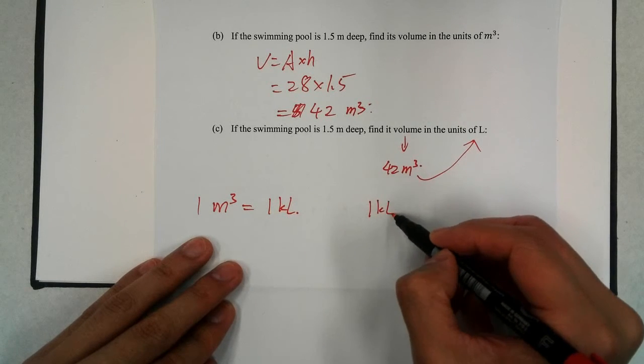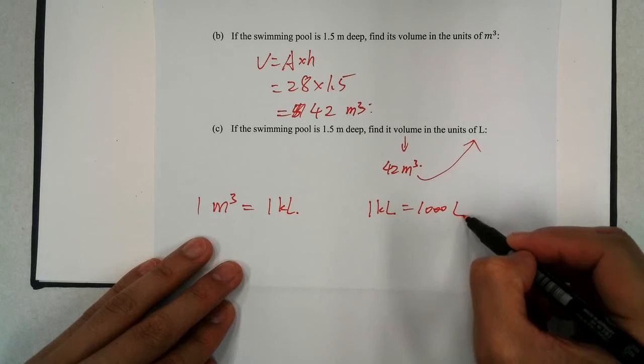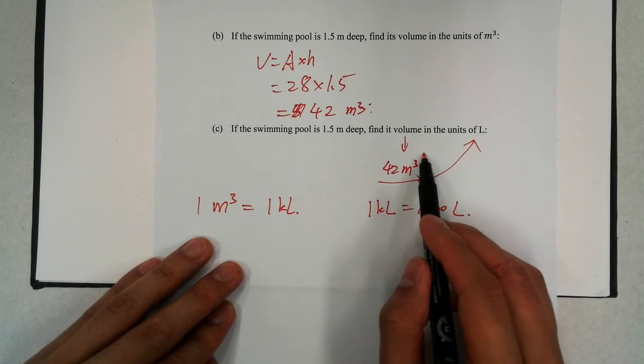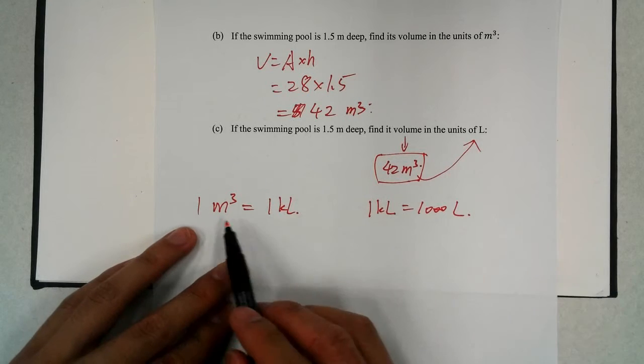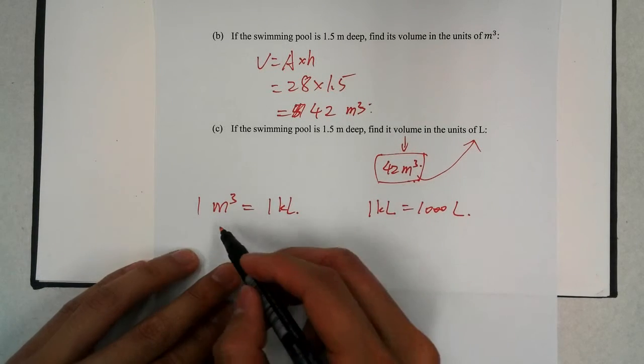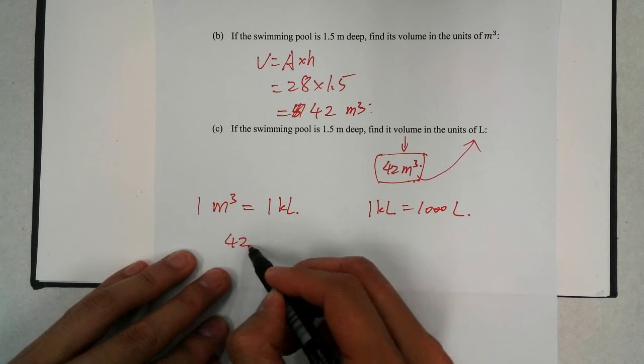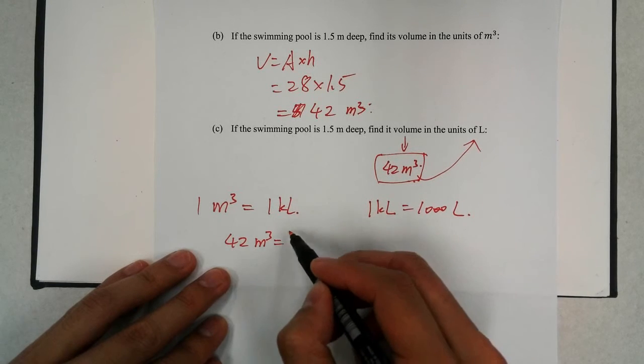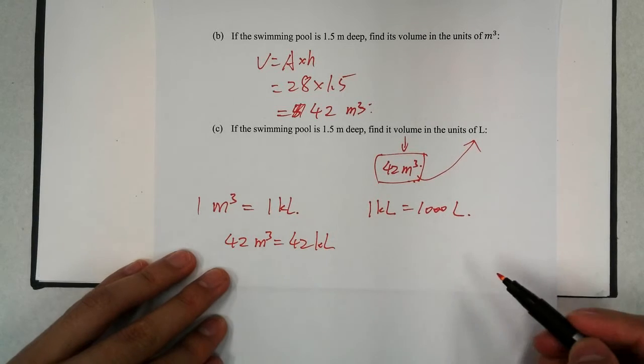And 1 kiloliter is equal to 1,000 liters. So now we have the unit of meters cubed. Therefore, the volume of this swimming pool, 42 meters cubed, is equal to 42 kiloliters.